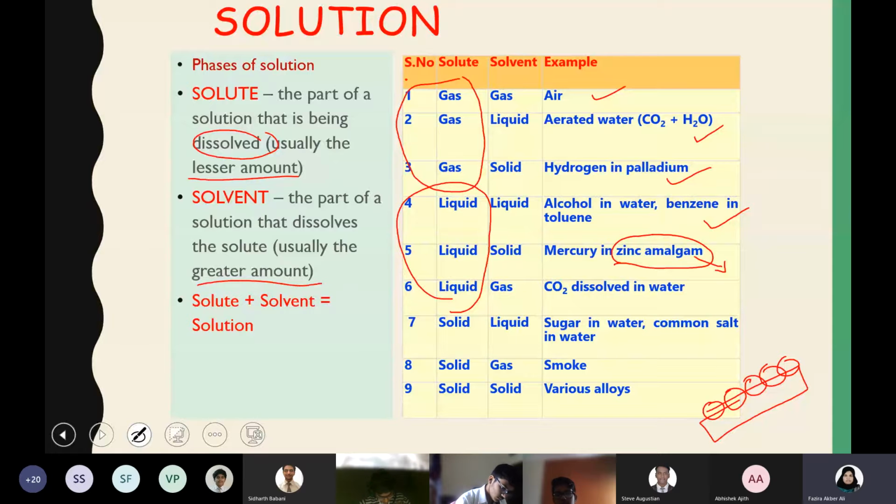Both are metals, but at room temperature zinc is a solid and mercury is a liquid. So this is a combination of liquid, mercury, in zinc. That is an example of a liquid solute in a solid solvent.